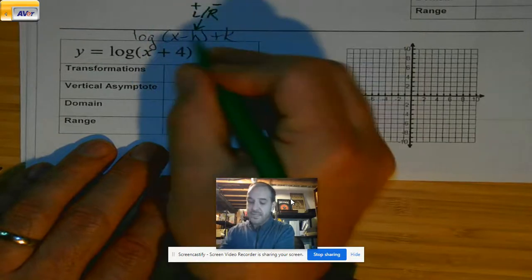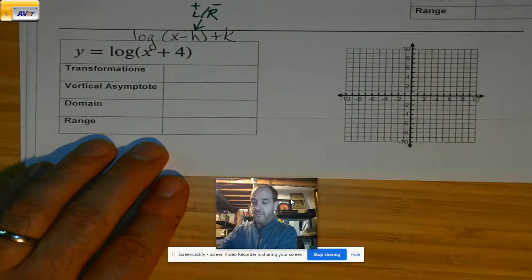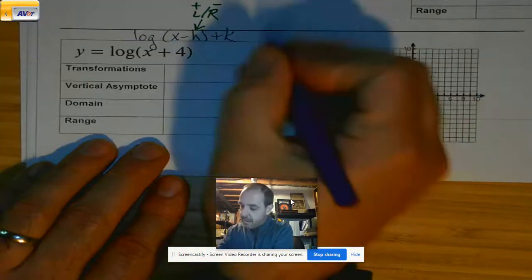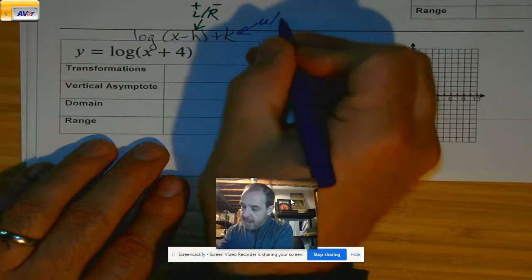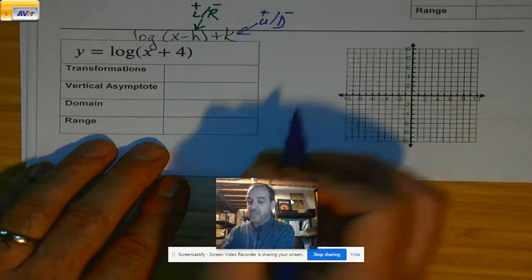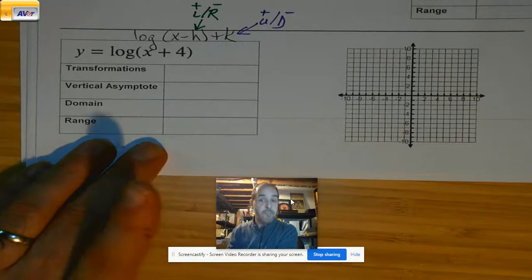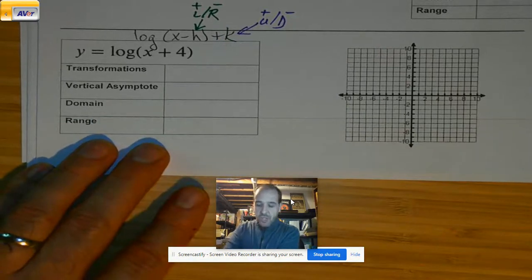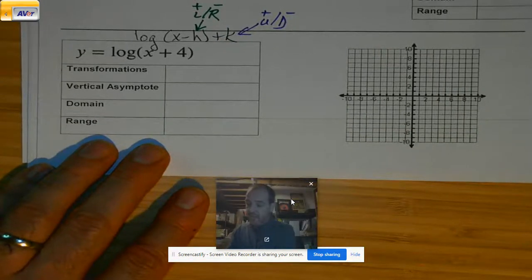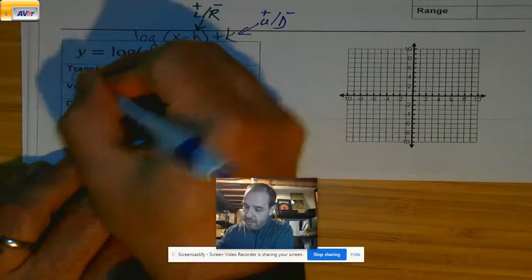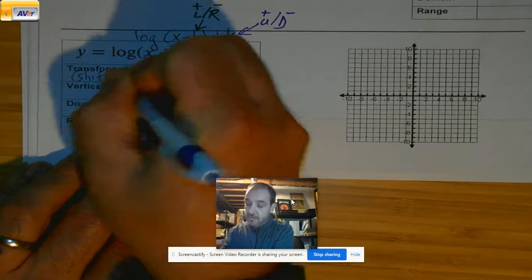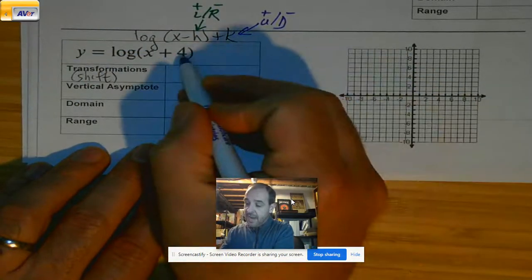But with that minus there, it's the opposite of what we would think. My K is my up or my down shift, but it goes traditionally with what you would think because of the plus that's there.